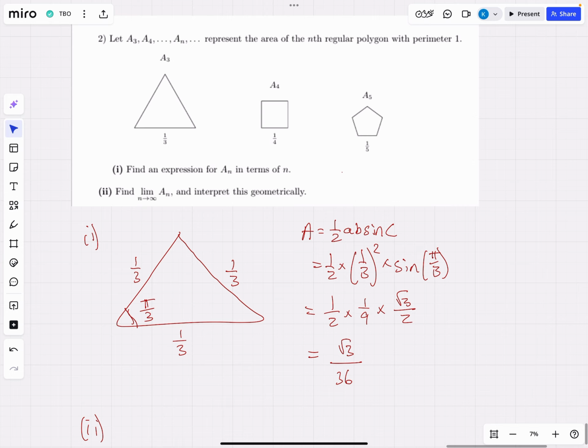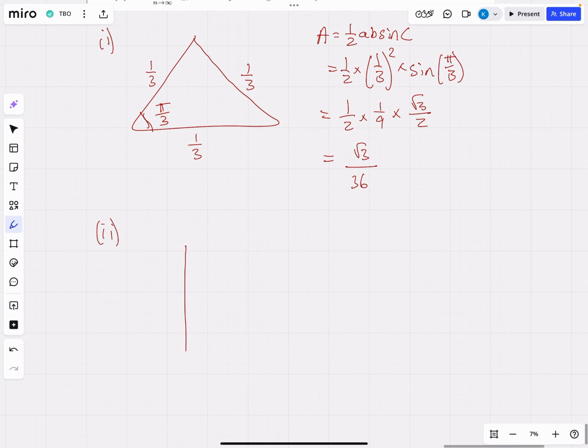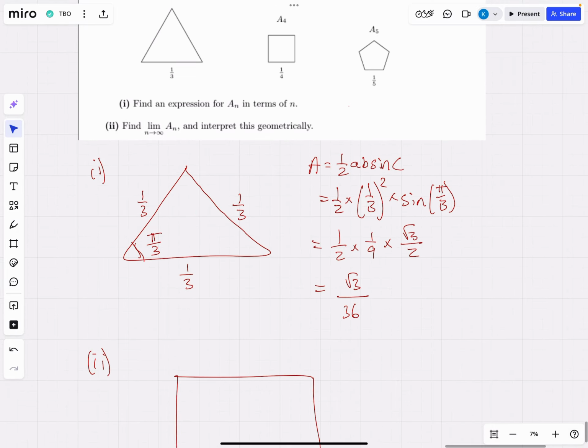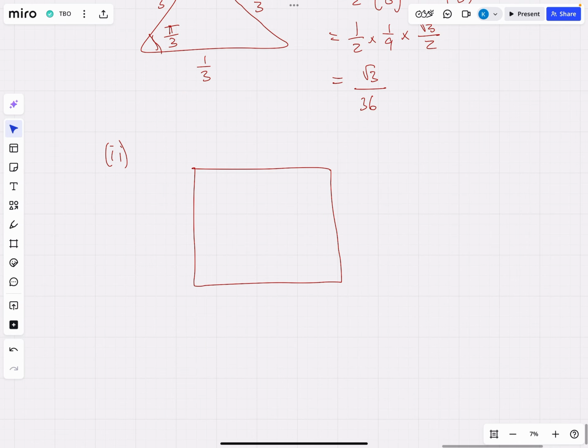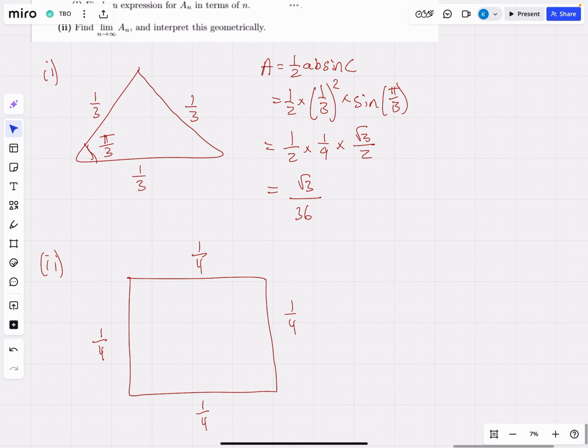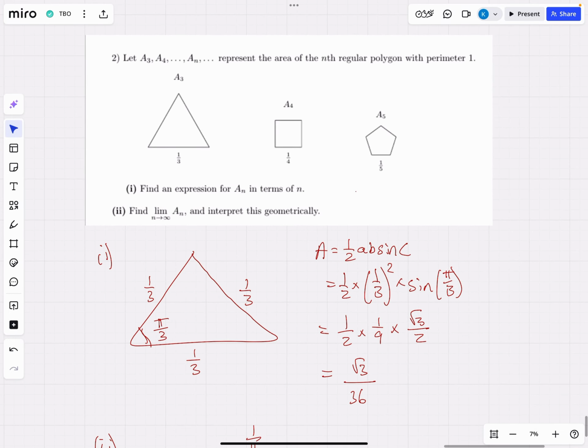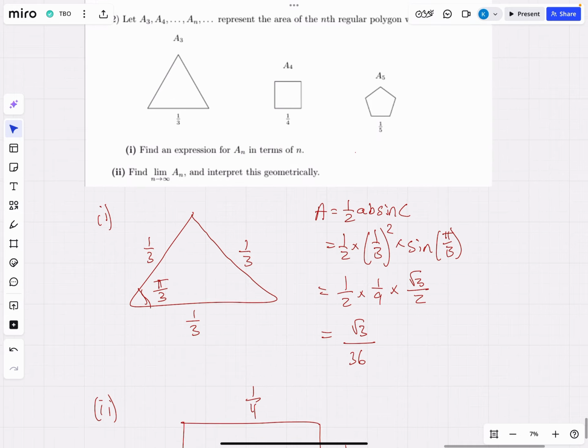The square is a bit trickier, right? We have to do a little bit more work. But I think what we can do is use the fact that any regular polygon can be broken up into different triangles, right?